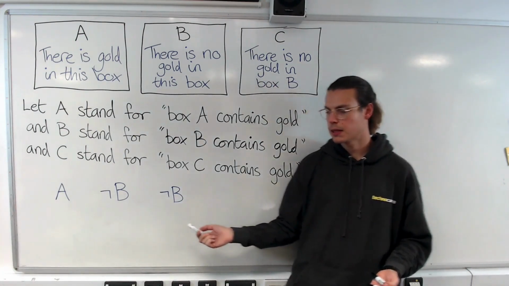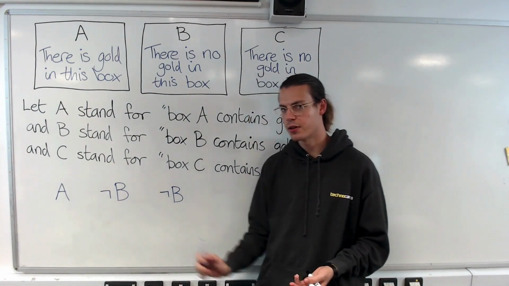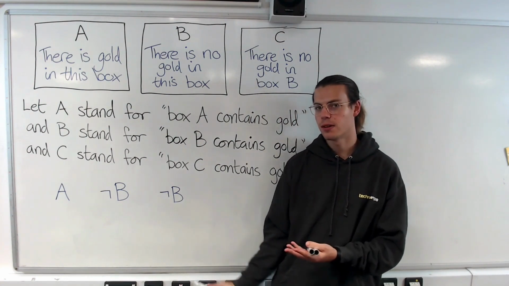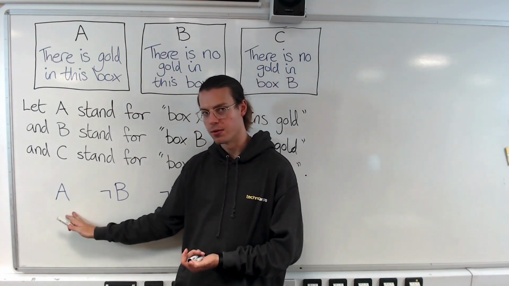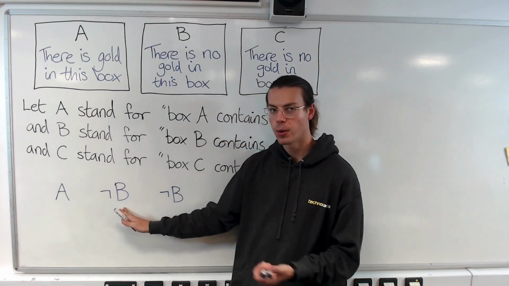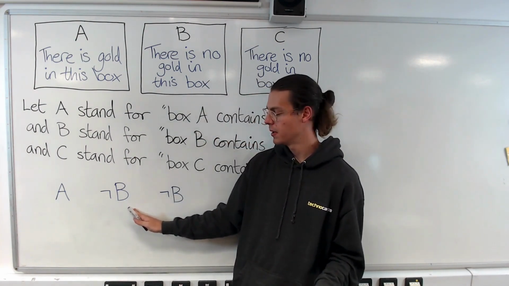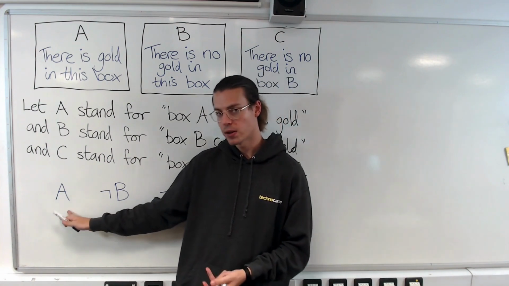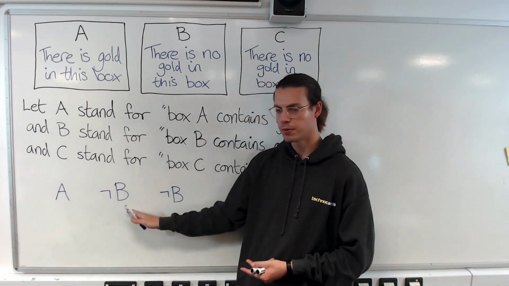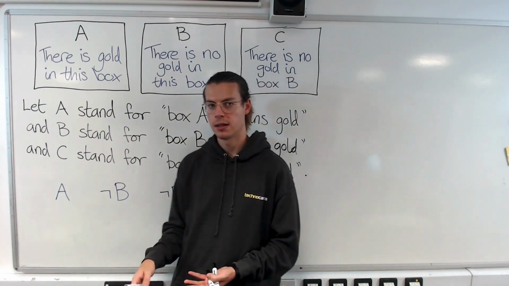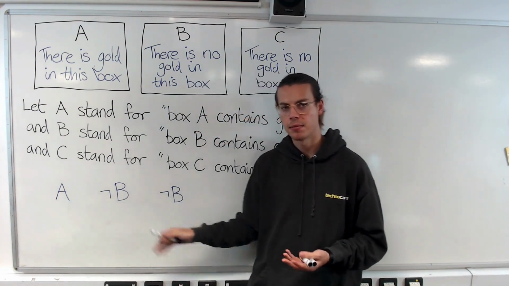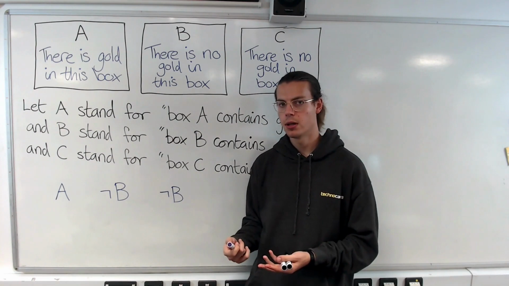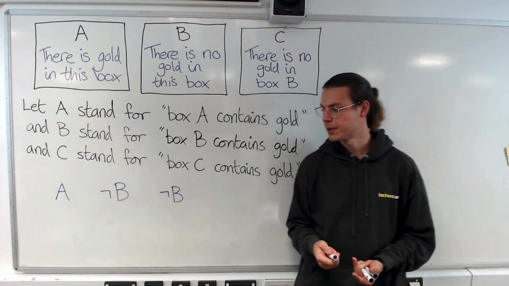Now we know that at least one of these statements is true and at least one of these statements is false. So if A is true, then not B must be false. And if A is false, then not B must be true. So this means that A and B must either be both true or both false.